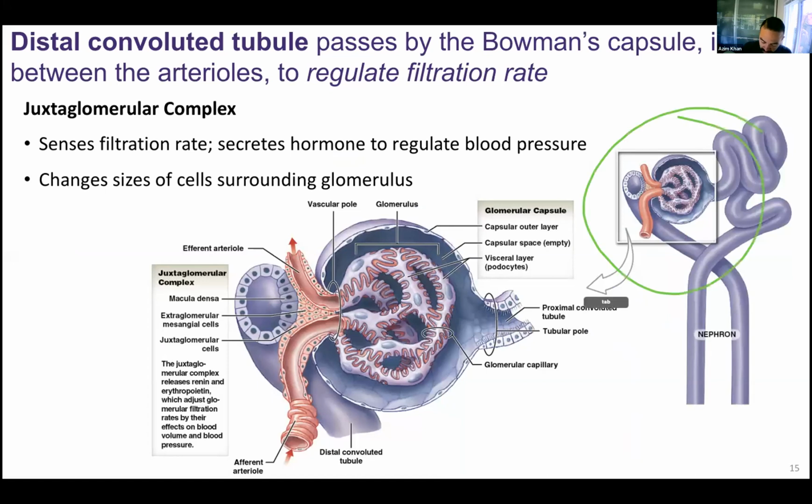Take a look over here. Bowman's capsule, proximal convoluted tubule, descending limb, ascending limb, and look at how the distal convoluted tubule comes right next to the afferent and efferent arterioles.